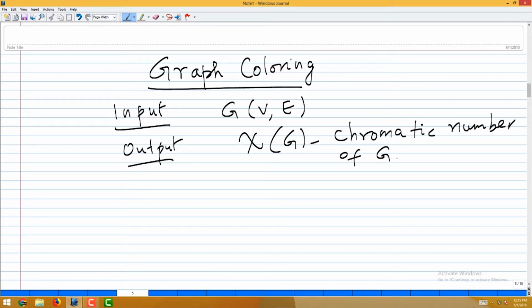In other words, what is the minimum partition of the vertex set into independent sets, right? Each color class is an independent set. So, you want to partition your vertex set into color classes. Each color class is an independent set, and you want to know what is the minimum number of such parts you can break your graph into.